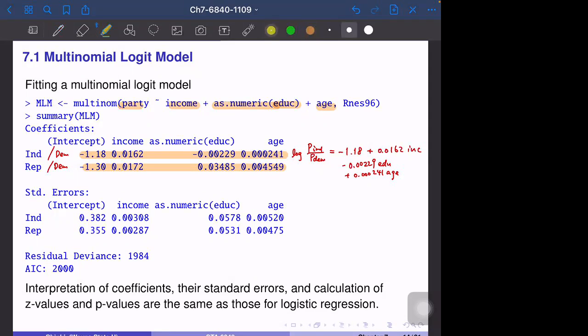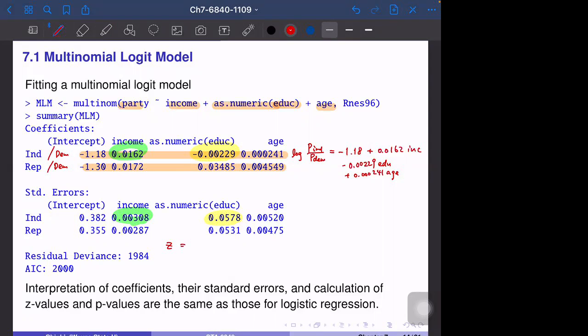These are the estimates, and you can see the standard error in the same way. For example, if you see this as numeric, the standard deviation for this one is really large. I think the standard deviation is larger than the coefficient, so if you take the ratio, this becomes almost 0. So it's insignificant. But for example, income is significant because the standard deviation is much smaller.